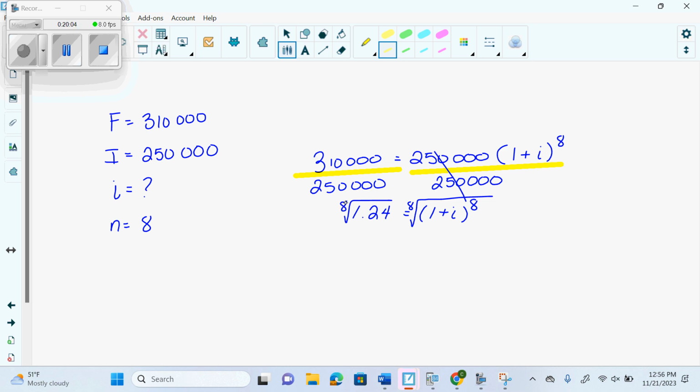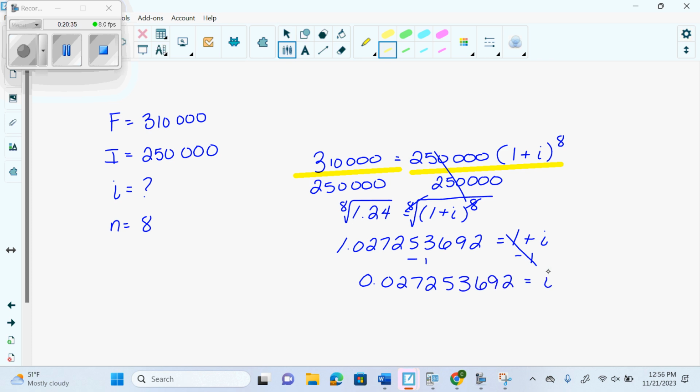You go 8, math, number 5, because that's where you're putting it in, 1.24. And I get 1.027253692 equals 1 plus I. And how do I get I by itself? Subtract 1. So I get 0.027253692.